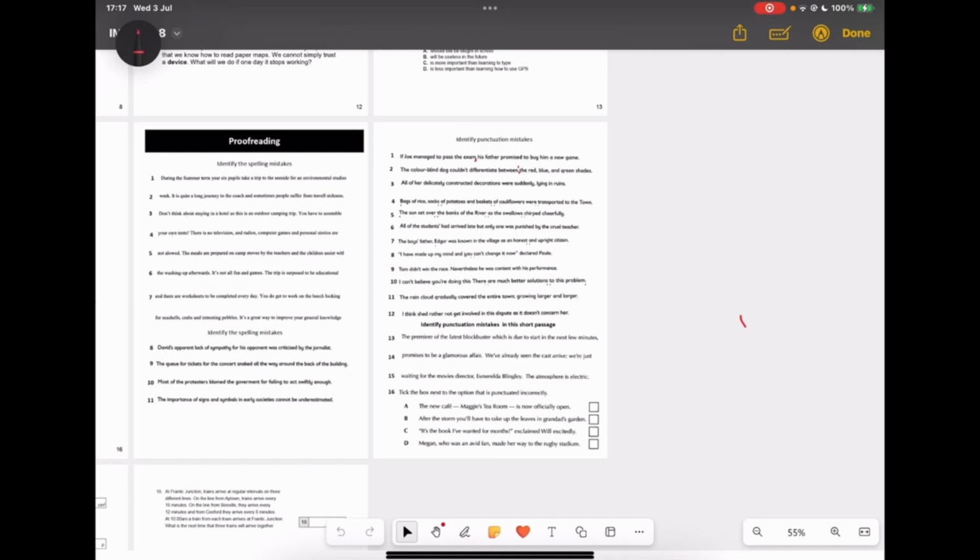Okay. 3. All of her delicately constructed decorations were suddenly lying in ruins. So this one, all of her delicately constructed decorations were suddenly lying in ruins.